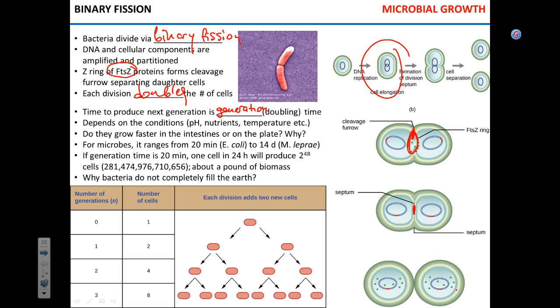So generation time for the microbe greatly depends on the conditions. For example, we put microorganisms in the fridge, those colonies that you got from the environment.